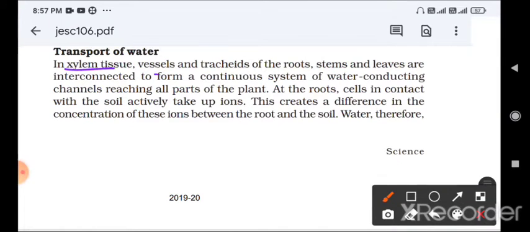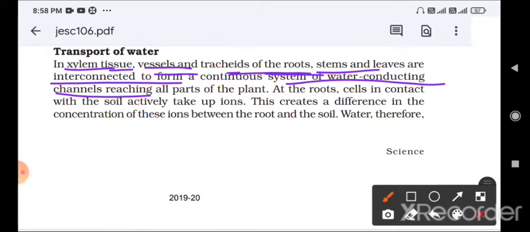Here, the xylem tissue, the vessels and tracheids of the roots, stems and leaves, are interconnected to form a continuous system of water-conducting channels reaching all parts of the plant. They pass the water molecules continuously to all parts of the plant.